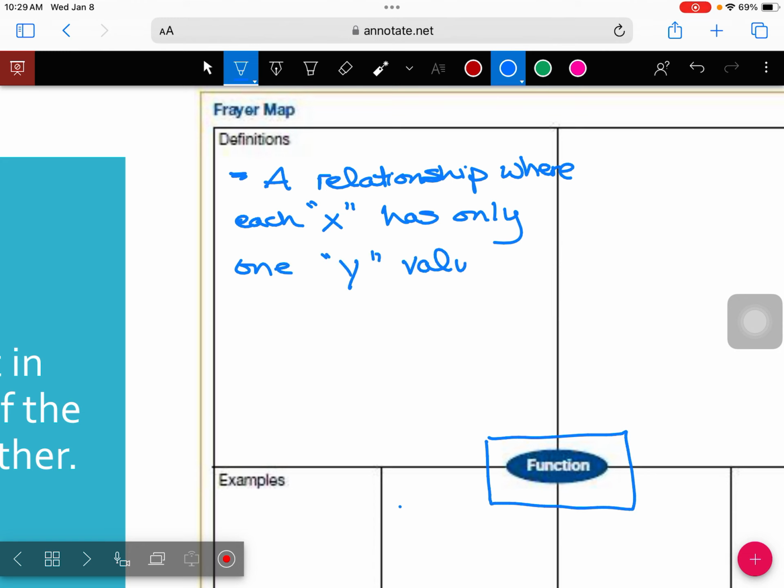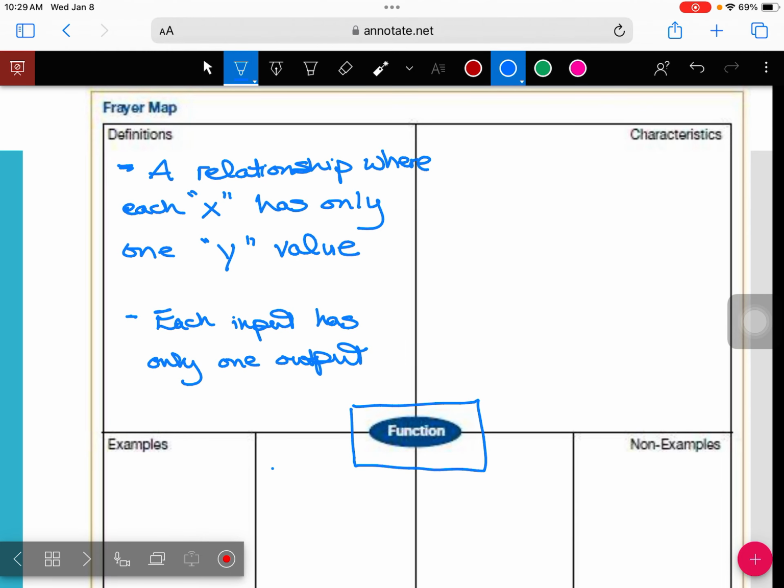Each x has only one y value, something similar to that, okay? Or you could also say each input has only one output. All right? So does that mean it has to be linear? No, not necessarily.